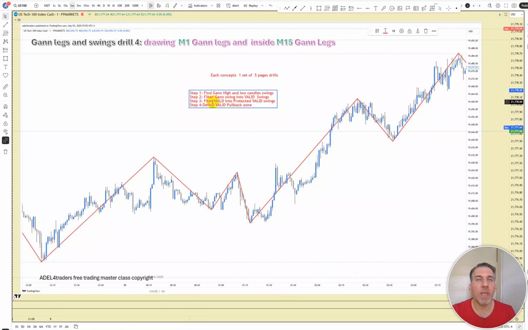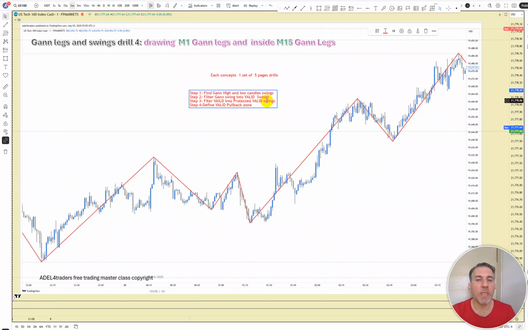Later on, we have the break of structure like ICT or other strategies use, and it is similar to that one. But this time, we're going to use valid swings, whether they are protected or not. If the high of the valid swing is broken, we have a valid low swing, and if the low of the valid swing is taken out, we have a protected high.